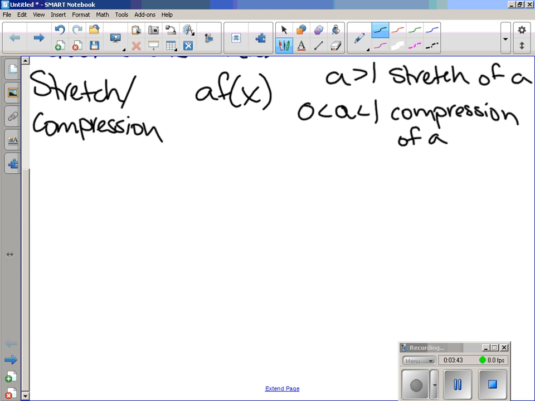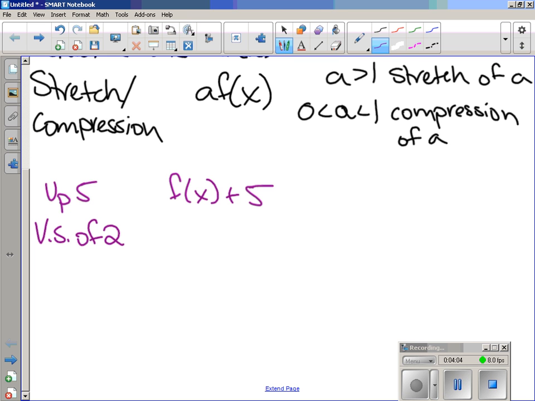So let me do some examples of vertical transformations. If you see in a verbal description that we want to write in function notation a function that shifted up 5, we would just write f of x plus 5. If we wanted a function that had a vertical stretch of factor 2, we would write 2 in front, 2 times f of x.